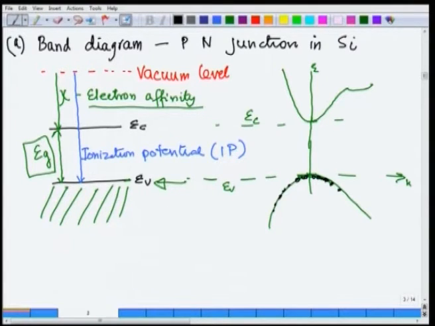Now, one more quantity you may be interested in is that there would be a Fermi level also. Let us say here is the Fermi level. This is the Fermi energy somewhere here. Let us assume that this is a p-type semiconductor. Now, which ones are the material properties?